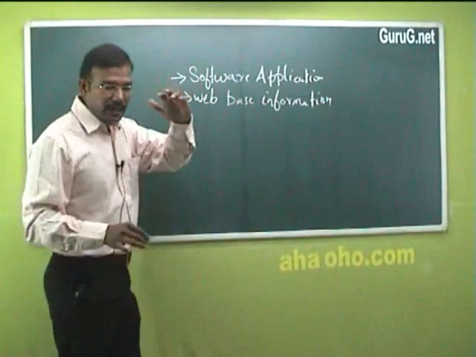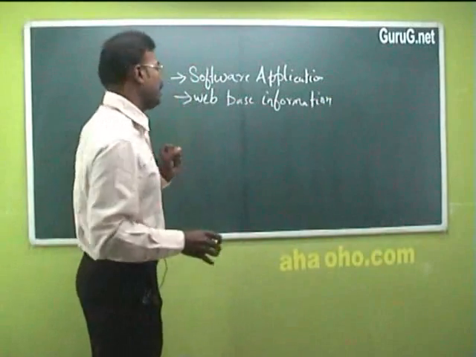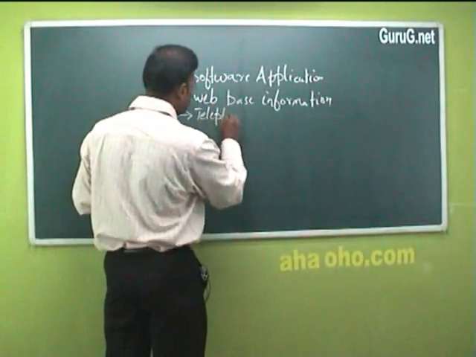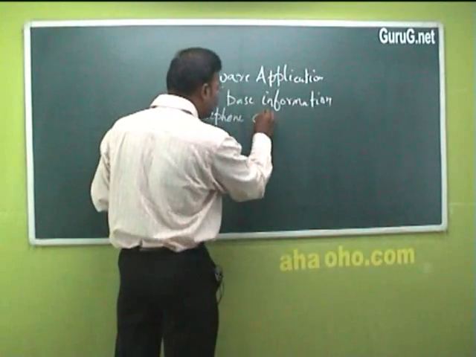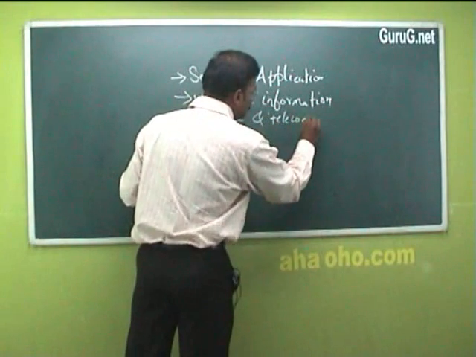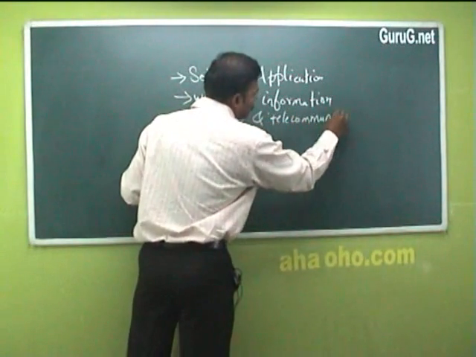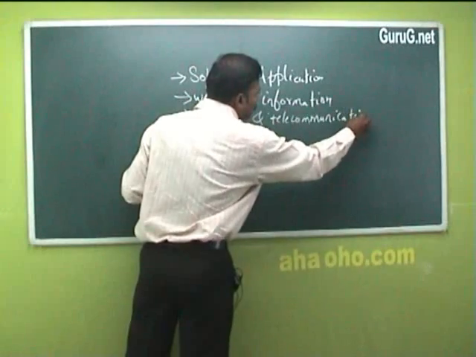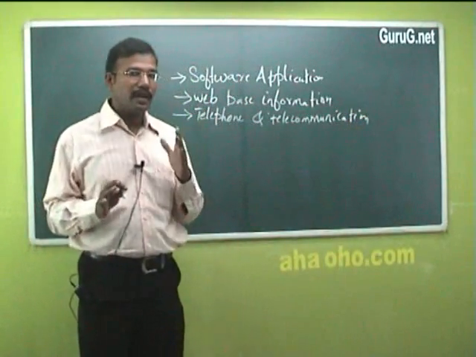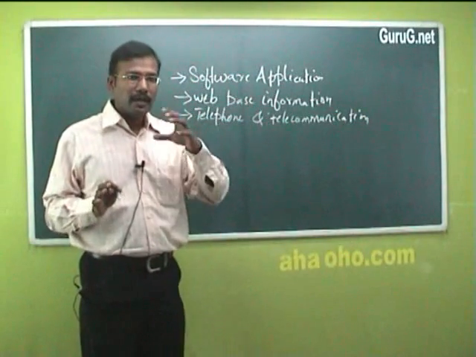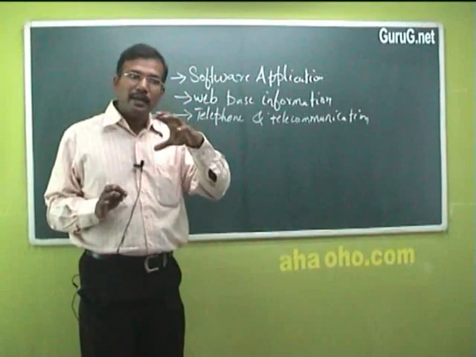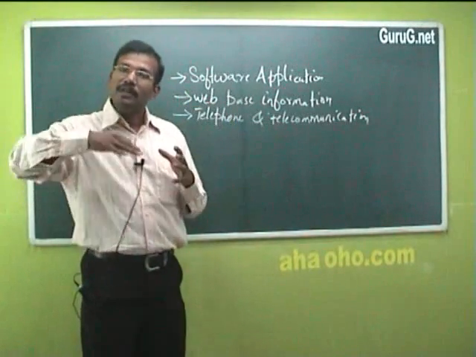Next, you have telephone and telecommunication. I already said that in the previous unit we discussed a particular topic: a computer is capable of connecting with a similar type of computer or a different type of computer.